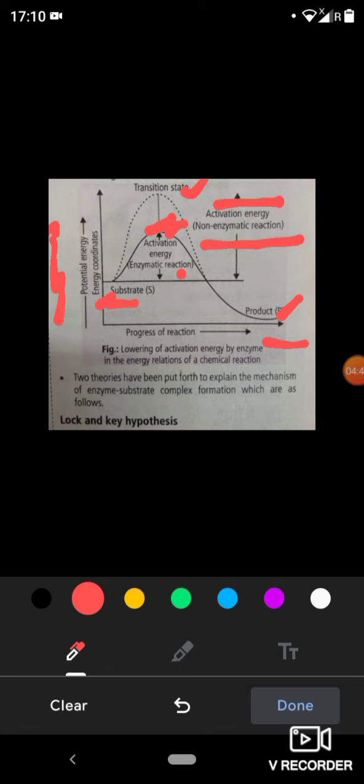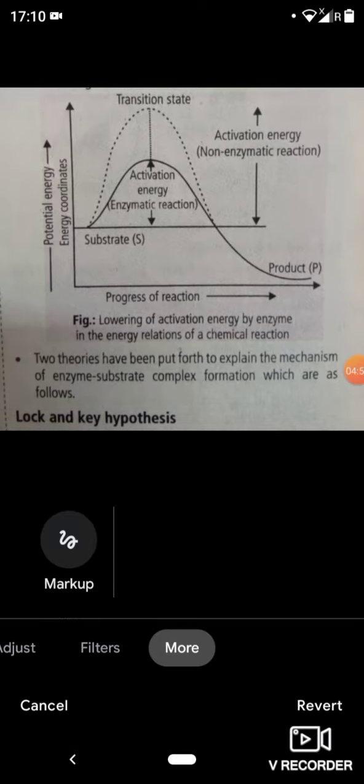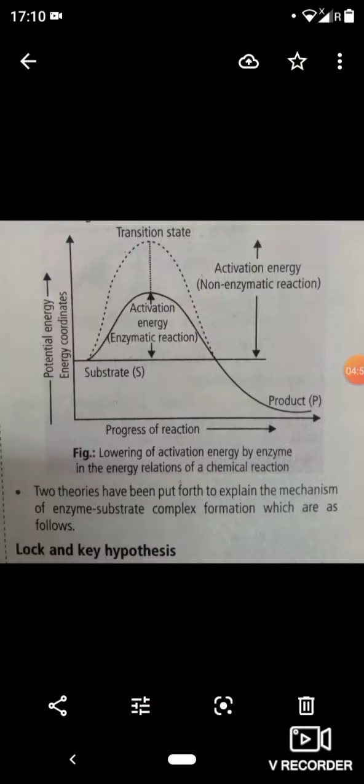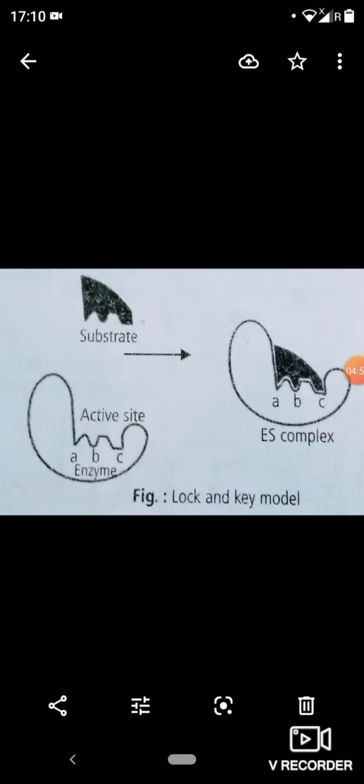The next is about the two hypotheses. One is the lock and key hypothesis, and the second one is the induced fit hypothesis. So this is called the lock and key hypothesis.